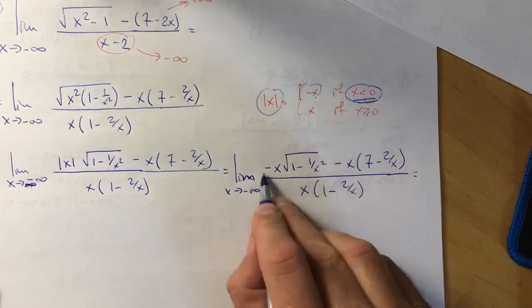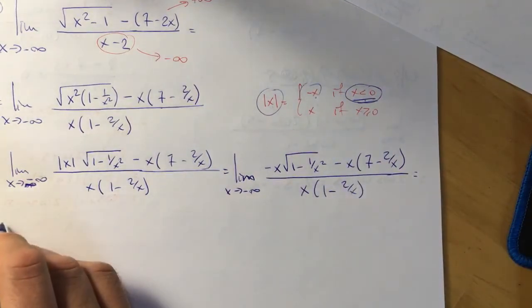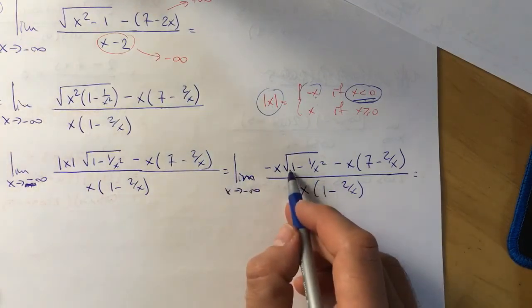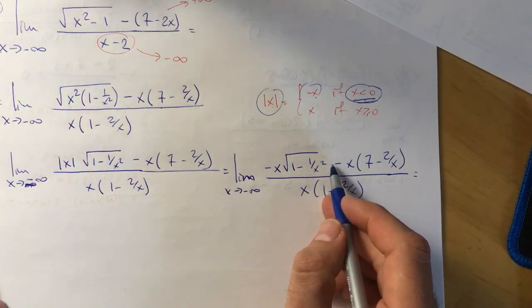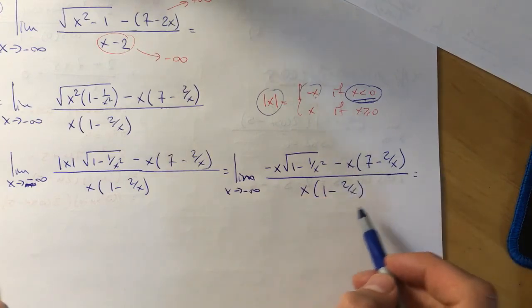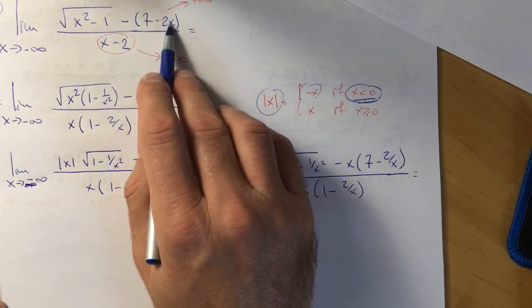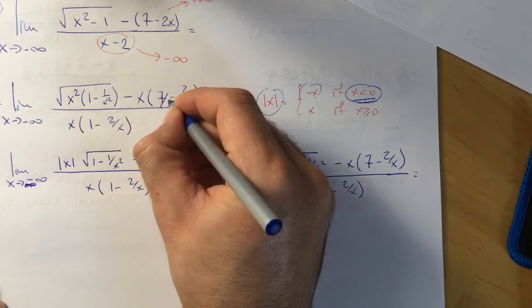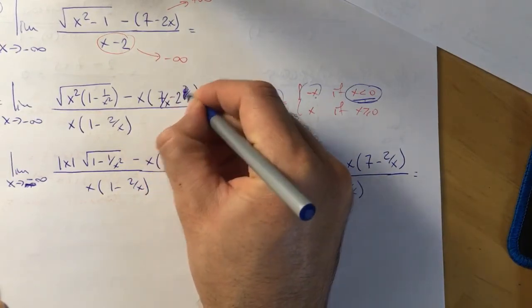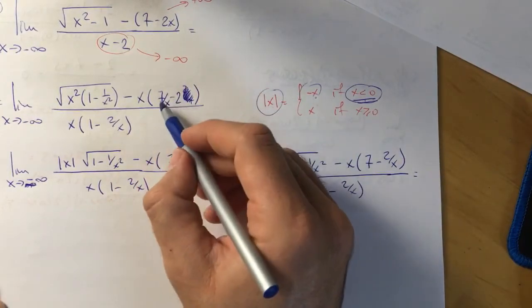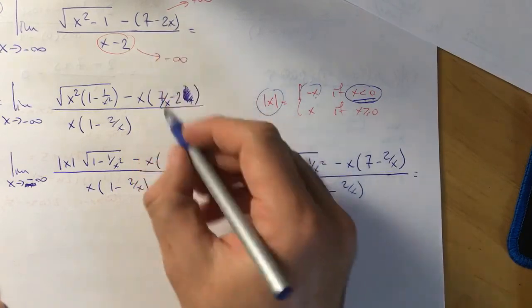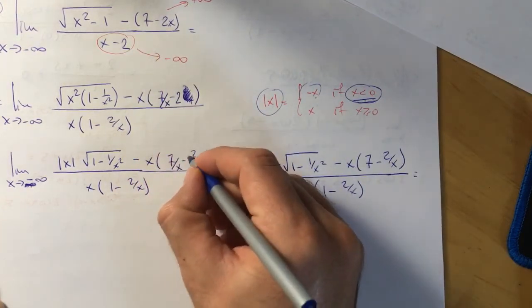And finally, I can factor out x here and here, right? I made a mistake. Sorry, guys. When I factor x from this factor, I'm left with 7 over x minus 2. Sorry about that. So I factor x, I am left with 7 over x minus 2.